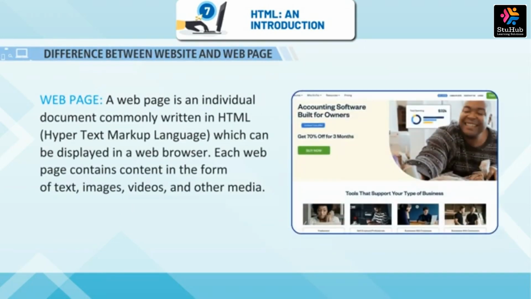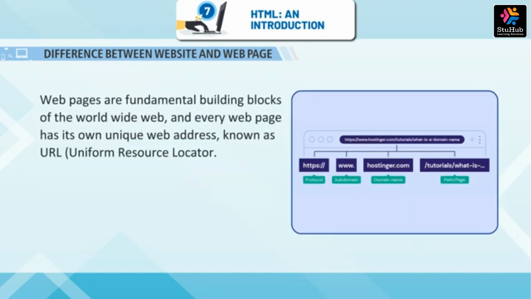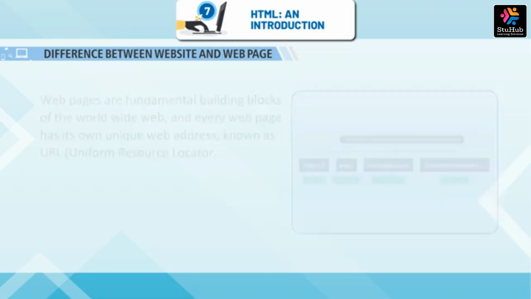Web page. A web page is an individual document commonly written in HTML, Hypertext Markup Language, which can be displayed in a web browser. Each web page contains content in the form of text, images, videos, and other media. Web pages are fundamental building blocks of the World Wide Web, and every web page has its own unique web address known as URL, Uniform Resource Locator.